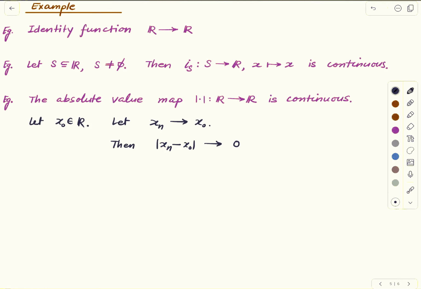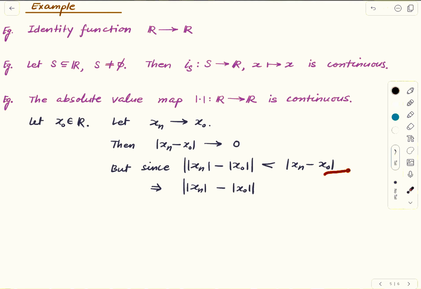That is the case, but since this is less than that, this is a general fact about absolute values, we get that this also converges to 0.